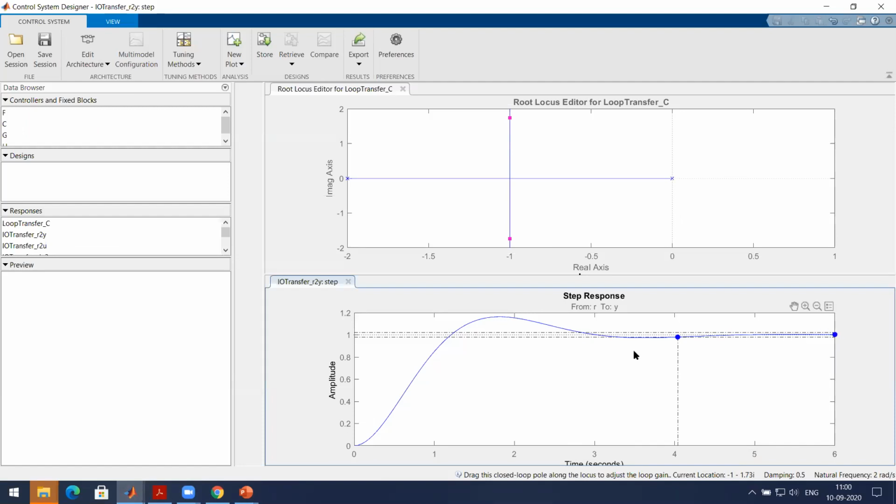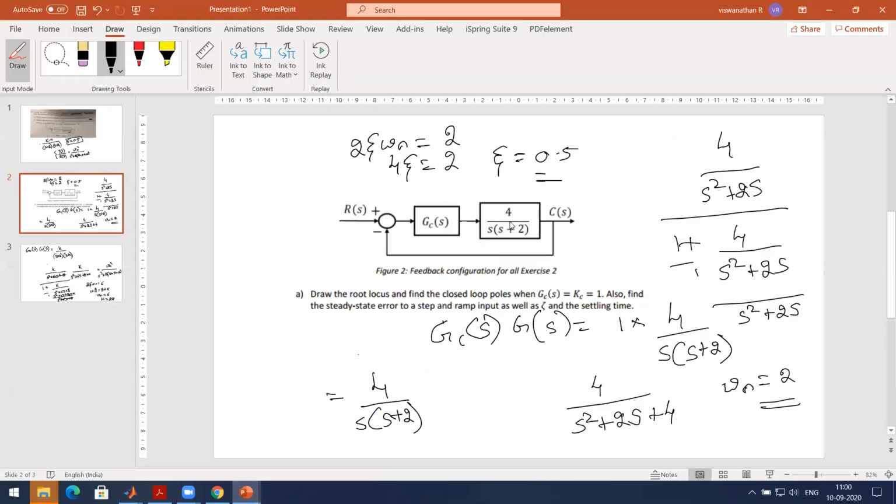So this is how you understand and do these things. You find the closed loop transfer function and then equate this with the standard second order system, and then get the omega n and zeta and all these things.